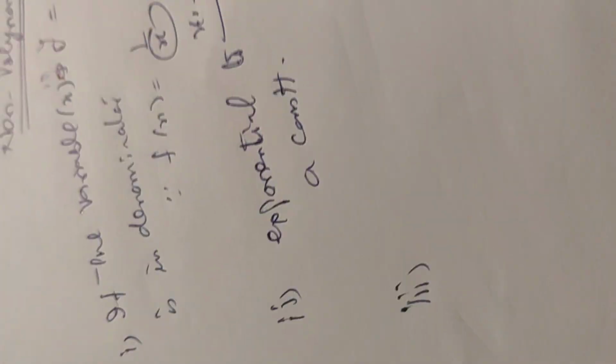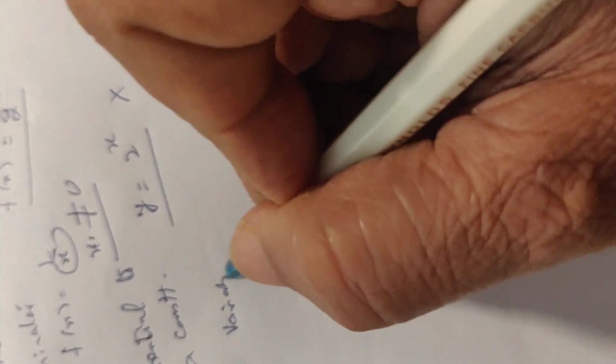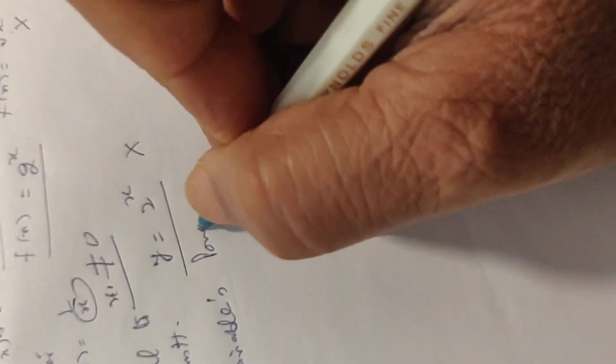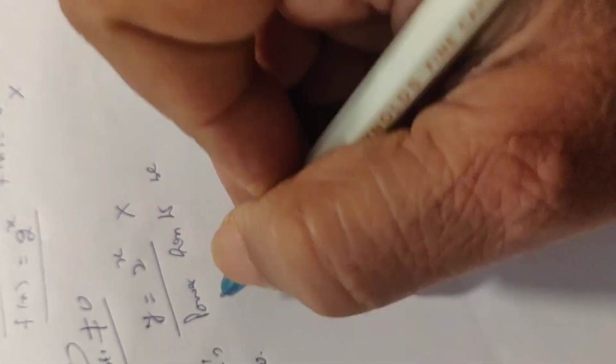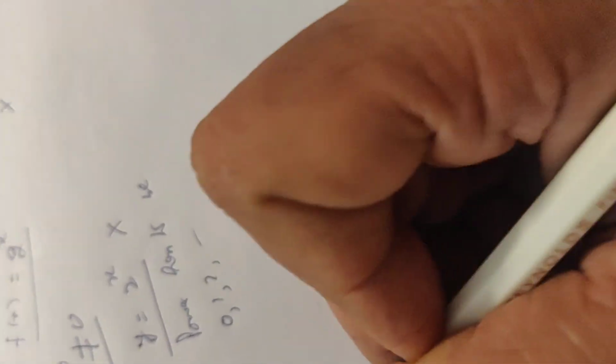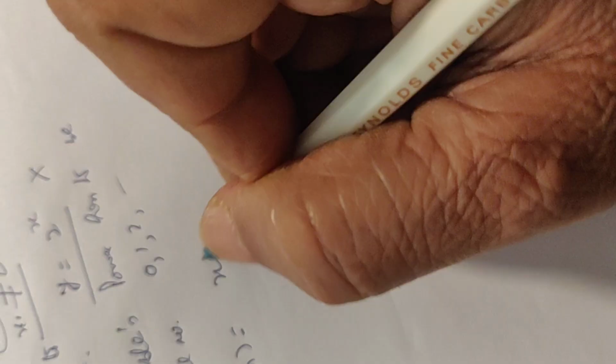Then the variable's power has to be a whole number: 0, 1, 2, 3, and so on. So f of x is equal to x into root is again not a polynomial.